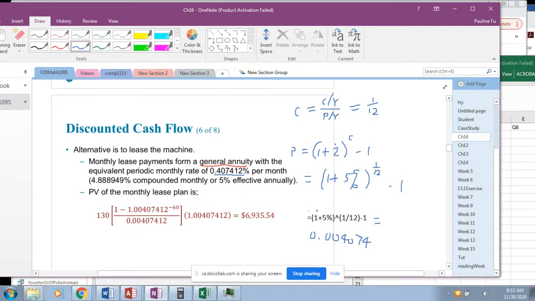Okay, so once you calculate P, the equivalent rate per payment period, you can use the present value formula.